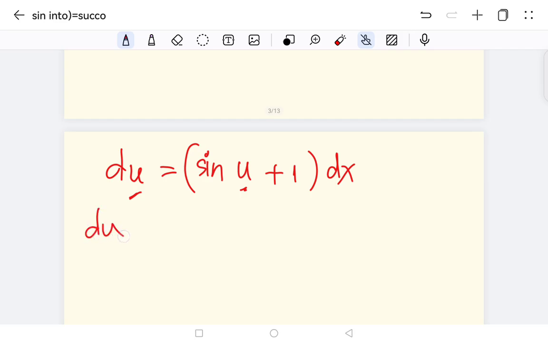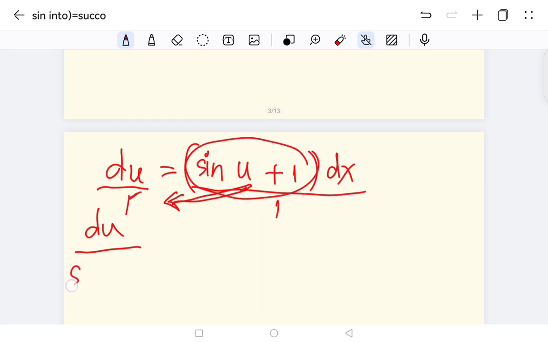Now I move this here, and it becomes division, right? Because of cross multiplying. This is over 1 actually, so this moves here: 1 over sine u plus 1 du equals dx. Now they are already collected on the same variable u.